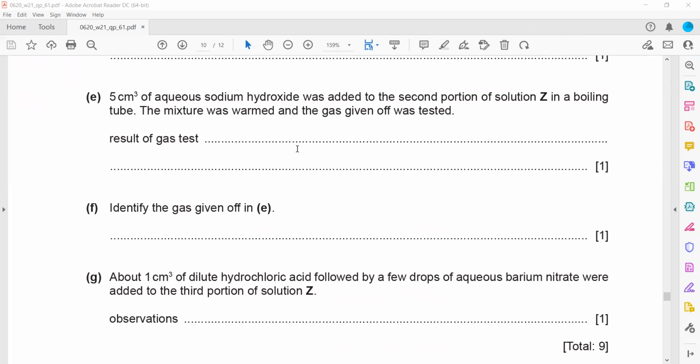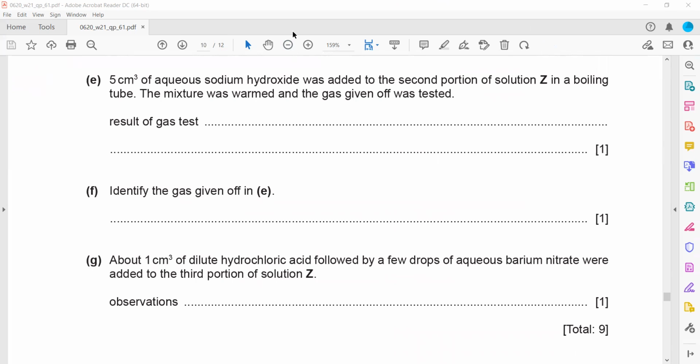Then part E, aqueous sodium hydroxide is added and the mixture is warmed. So this is a test for the ammonium ion. We add sodium hydroxide, NaOH, and we warm. A pungent gas is given off, which is actually ammonia gas.